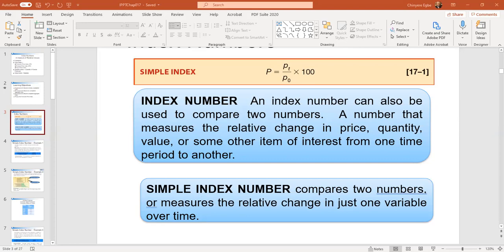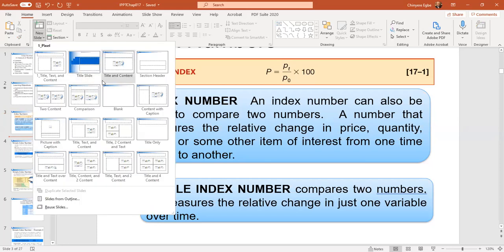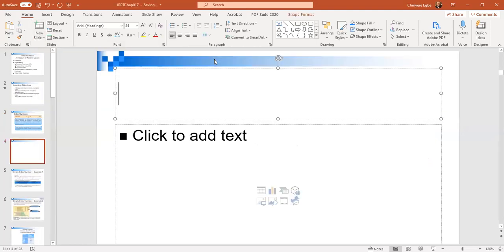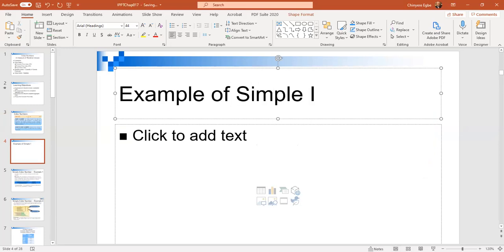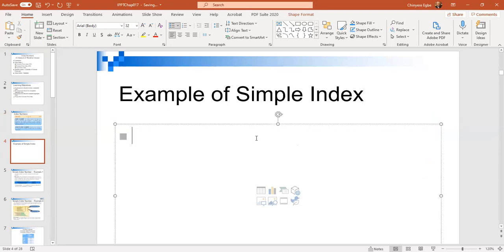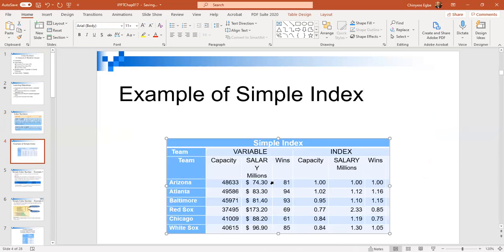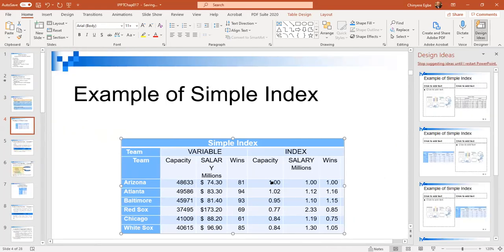I'm going to pull that simple index up and show you. So this is an example of a simple index.